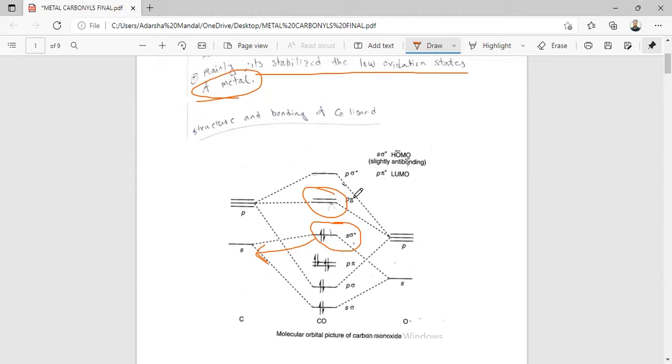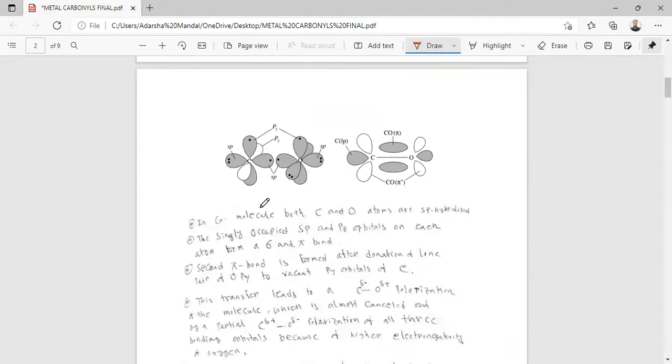So it will accept electron density from the metal center into this pi star orbital. That's why the carbonyl is a strong sigma donor and pi acceptor ligand. This is the orbital diagram of the carbonyl molecule.